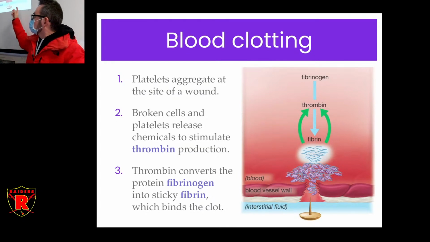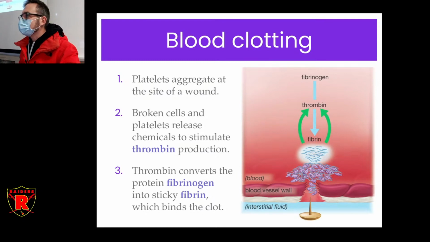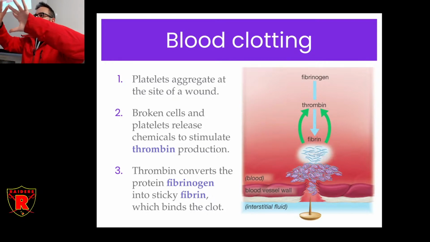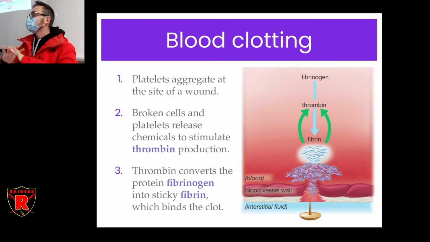And very quickly, you're going to get platelets aggregating, releasing thrombin, and then the thrombin is going to cause fibrinogen to become fibrin, which will stick really quickly to the hole. And as it makes that net of little pieces over top of the hole, it makes a web that prevents red blood cells from exiting. So it creates this really fine little mesh over top of the hole.